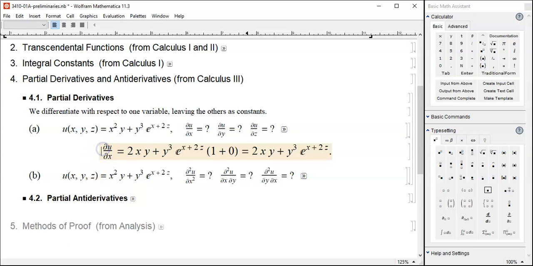Also, we use this kind of notation. U sub x. This notation and that notation are equivalent. Sometimes we use this notation as well. This expression, that expression, those expressions, they're all the same.